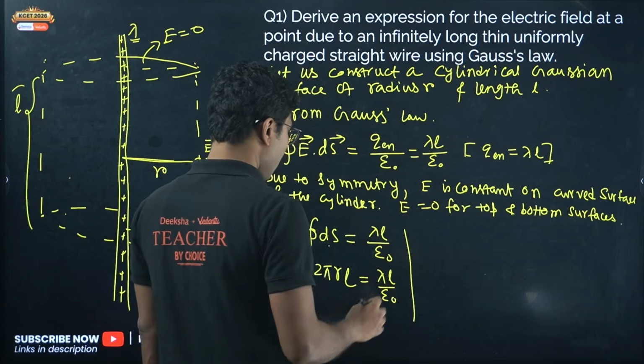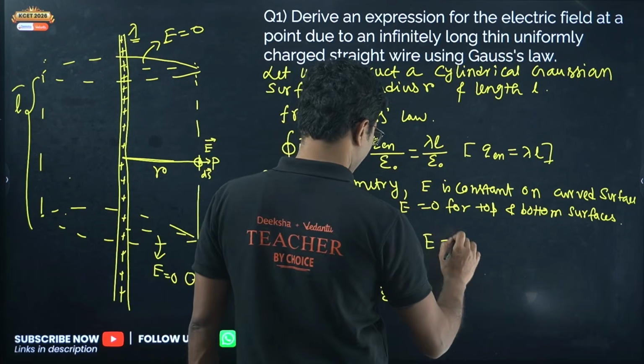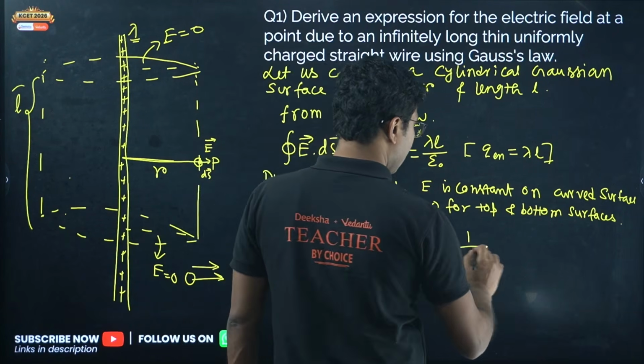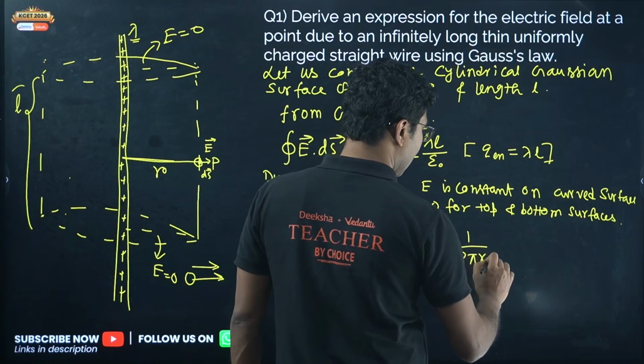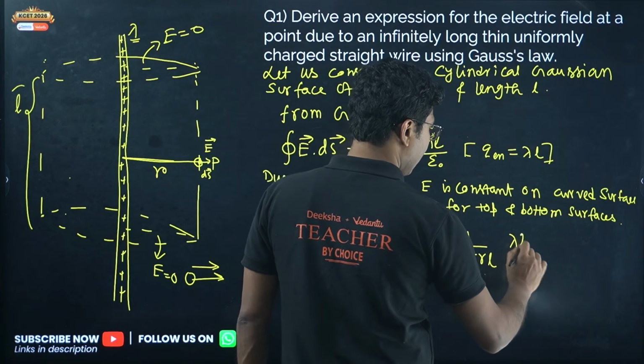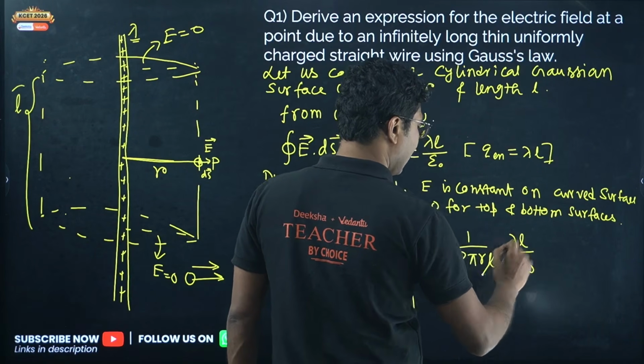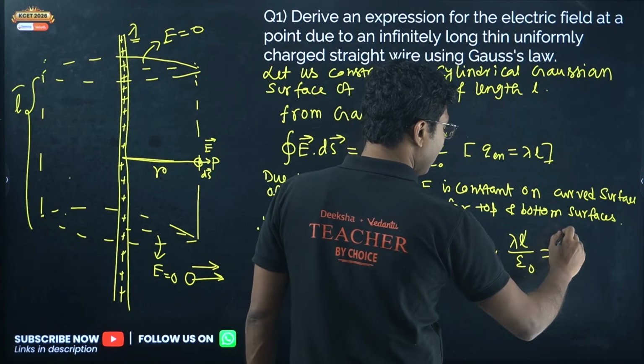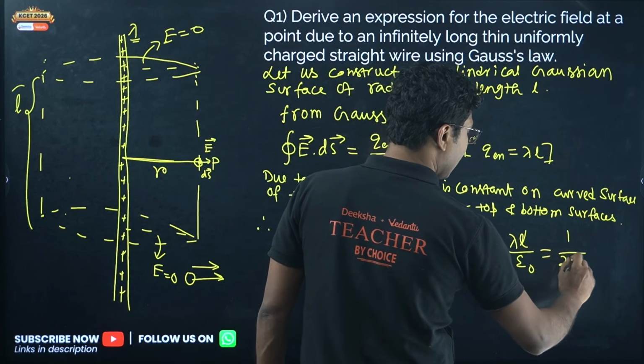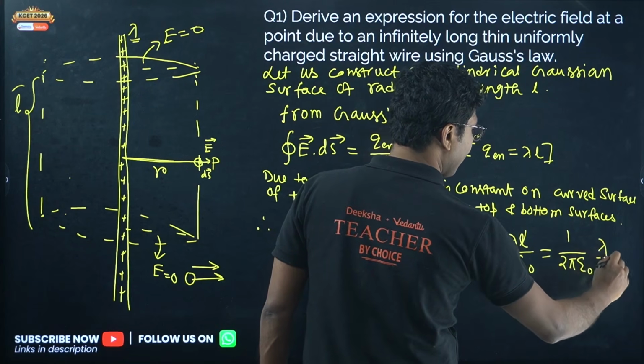Or E equals 1 by 2 pi r L into lambda L by epsilon naught, or L cancels and you get 1 by 2 pi epsilon naught, lambda upon r.